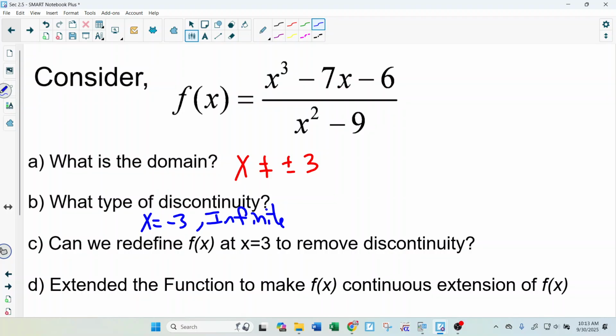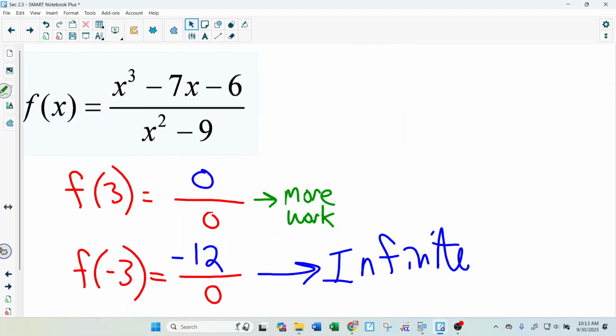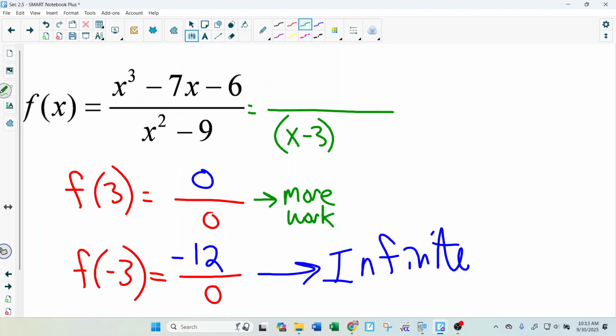Now, because we have 0 over 0, that tells us we got more work. What does that tell us? Well, we know the bottom is 0.